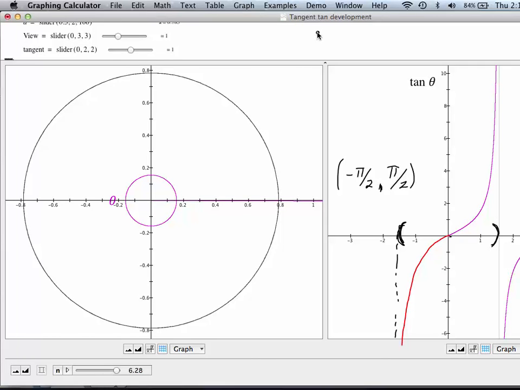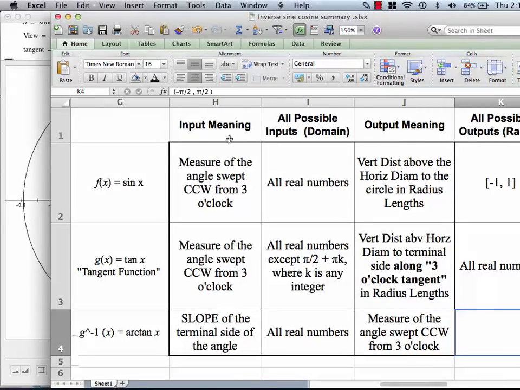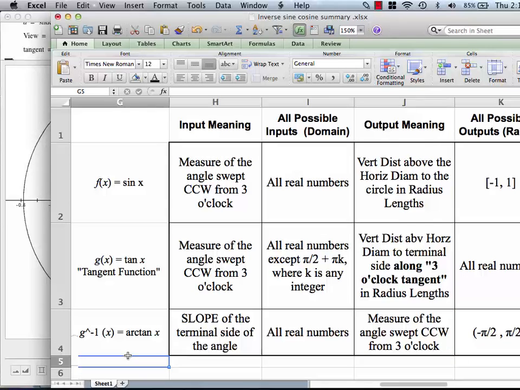Okay, so that was a crash course in inverse tangent. When you use your calculator, it's going to give you a number between negative pi over 2 and pi over 2, but not including those angles on the ends where the slope is undefined.